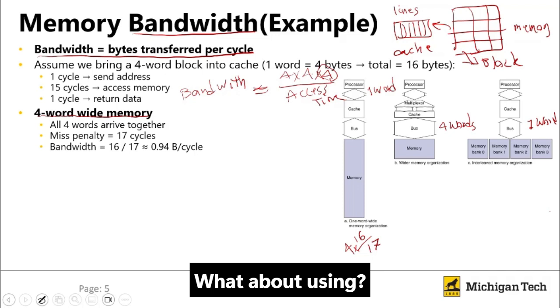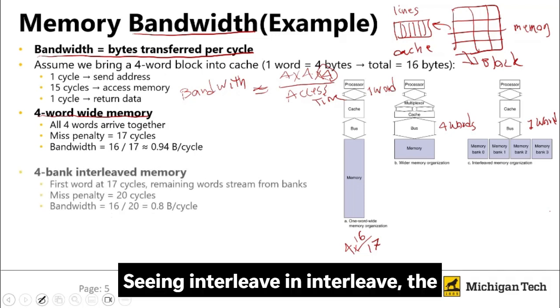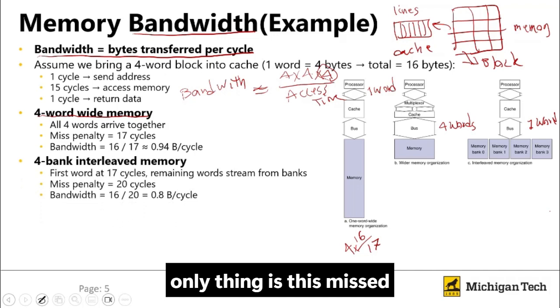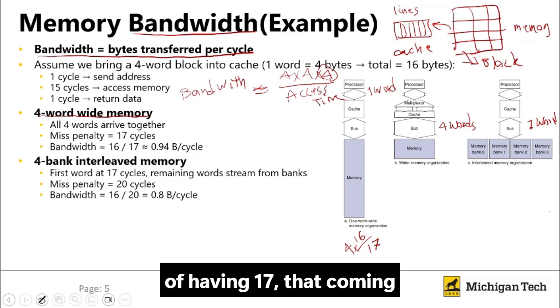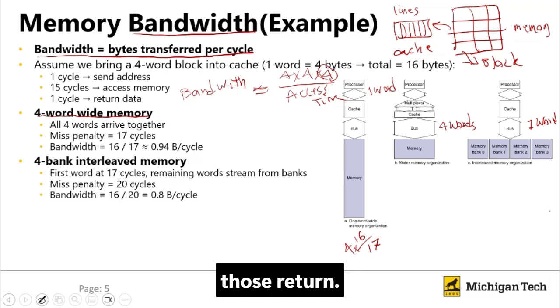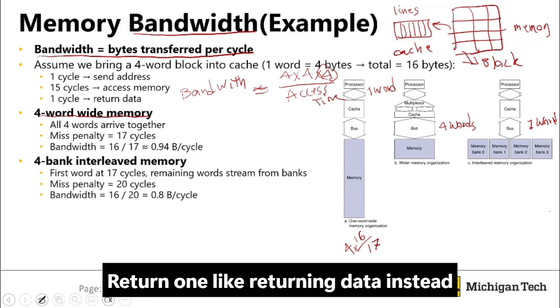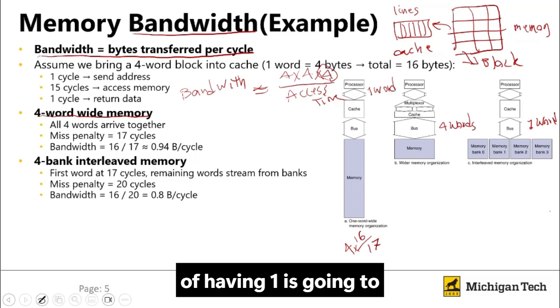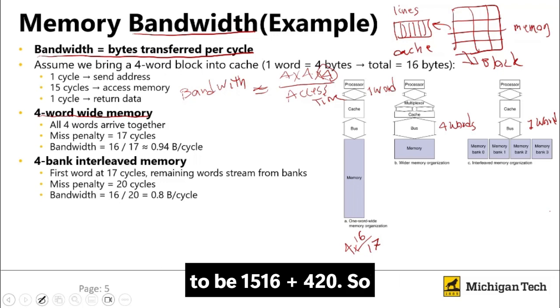What about using interleaving? In interleaving, the only thing that changes is the miss penalty. Instead of having 17, the returning of data, instead of being 1, is going to be 4. So the overall is going to be 15 plus 1 is 16, plus 4, 20.